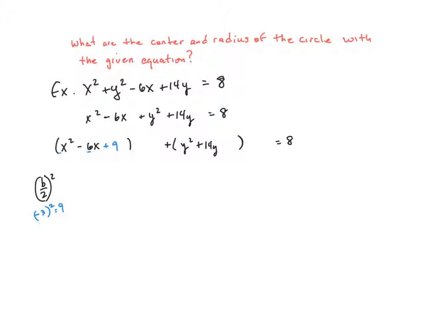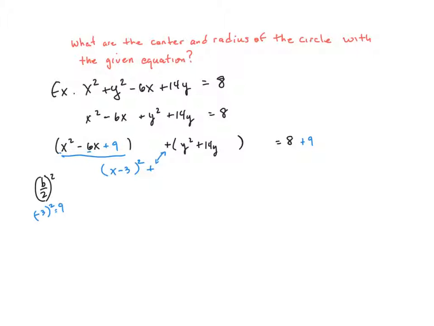If I'm going to add 9 to one side of the equation, I need to add it to the other. And I know that this portion of my perfect trinomial will become x minus 3 squared.